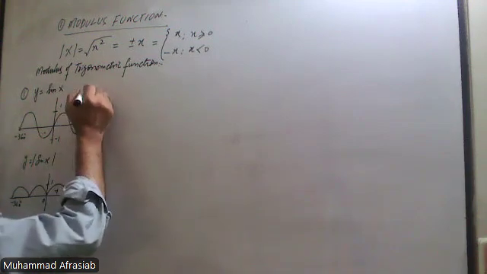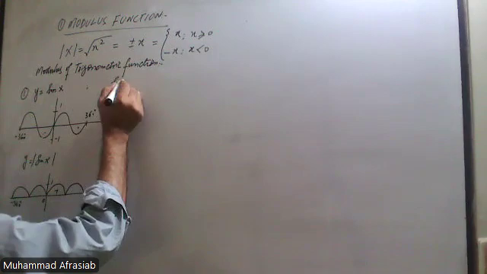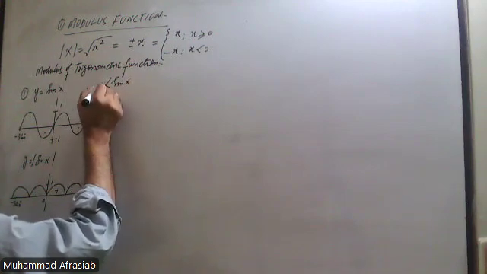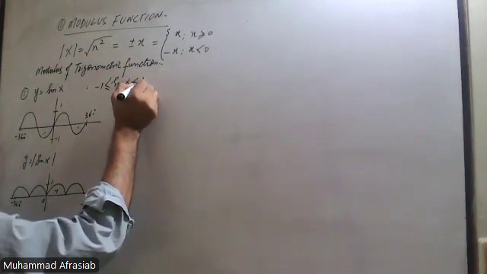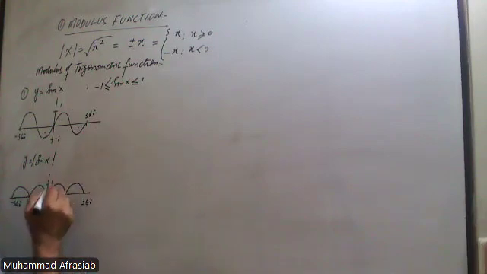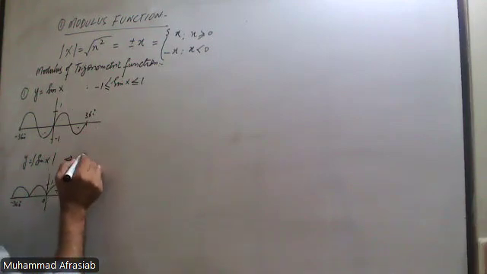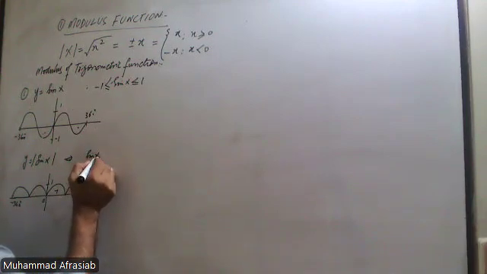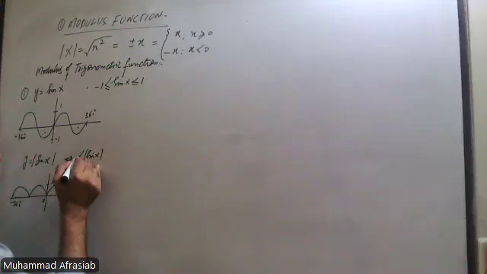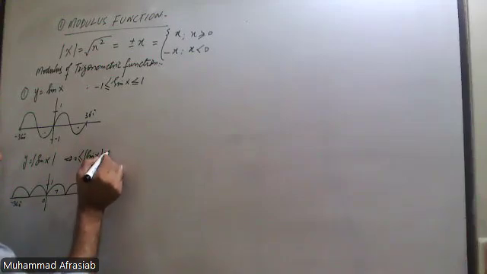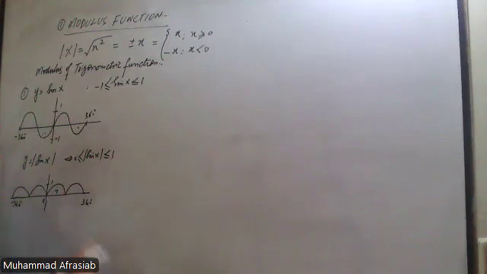Since we know that the sine range is between minus 1 and 1, for the function sine of x modulus the range is from 0 till 1, because its lowest value is 0 and its highest value is 1.